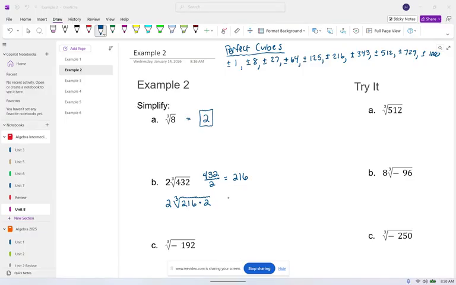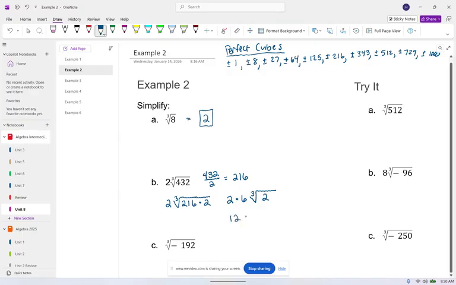And the cube root of 216 is 6. So 6 gets to come out. And then we leave in the 2. So this 2 doesn't get to come out because it's not a perfect cube. So 2 times 6 is 12. And then we have cube root of 2. So we have 12 cube root of 2.